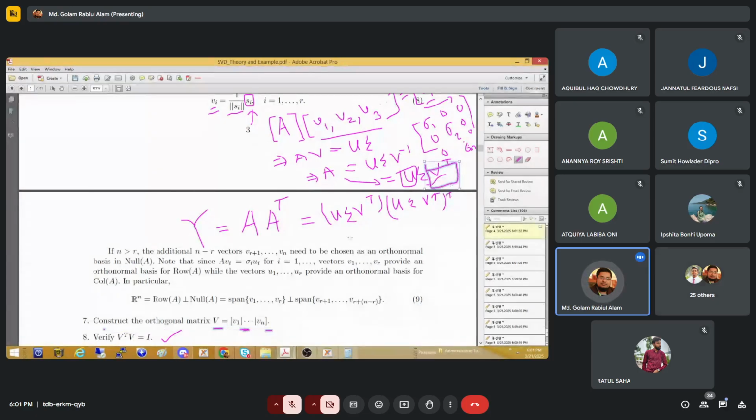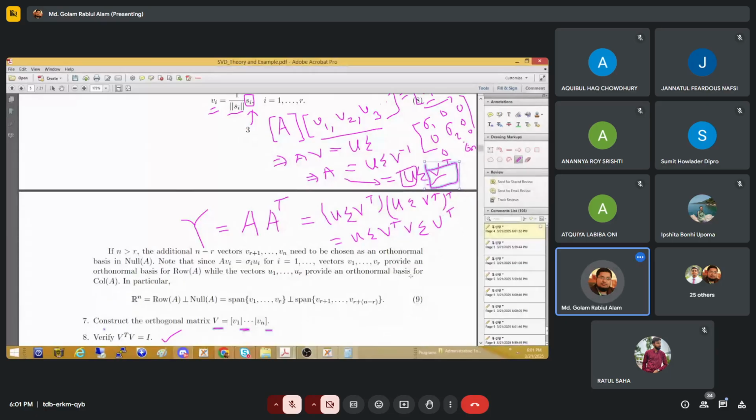If we do the transpose, the V transpose becomes V, and then sigma, and then U transpose.